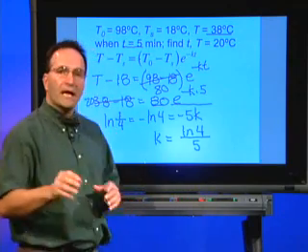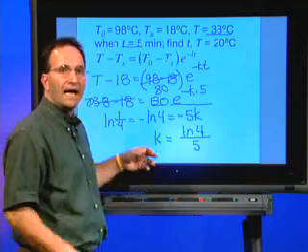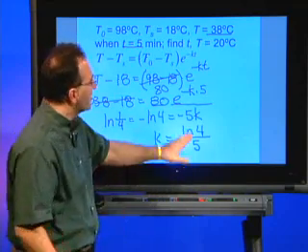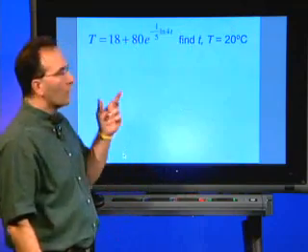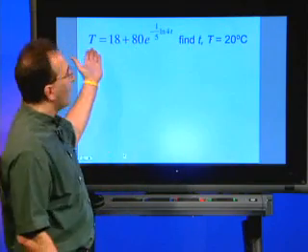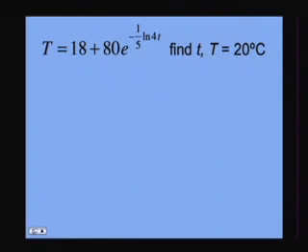And so now, on my next slide, I have the equation with k plugged in, and I have the information that we're interested in finding. So the equation now is T equals 18 plus 80 e to the minus 1/5 log of 4 times t. And we want to find t when the capital T temperature is 20.